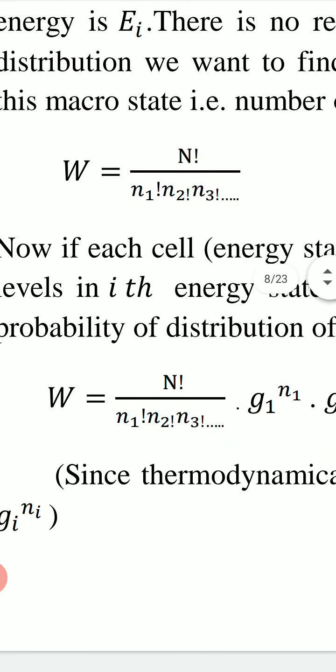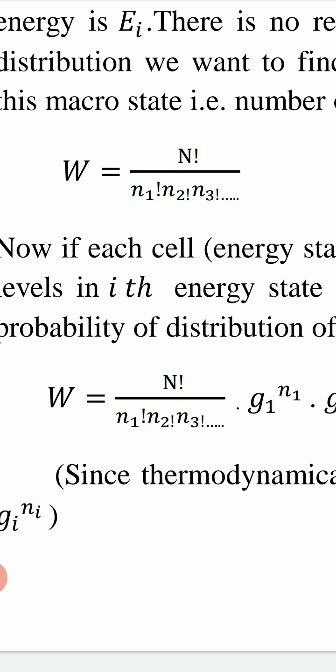W is equal to N factorial upon N1 factorial into N2 factorial into N3 factorial and so on. So the total number of particles is capital N. Out of these N particles, N1 particles are in the first cell having energy E1, N2 particles are in the second cell having energy E2, N3 particles are in the third cell having energy E3.